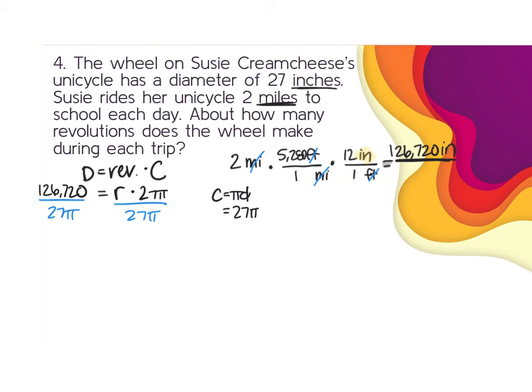Now be very careful when you do 27 pi that you put it into parentheses, or you do 27 times pi, enter, and then 126,720 divided by that answer. So be very, very careful. Try it to make sure you're doing it correctly, and you should get 1,494 revolutions.